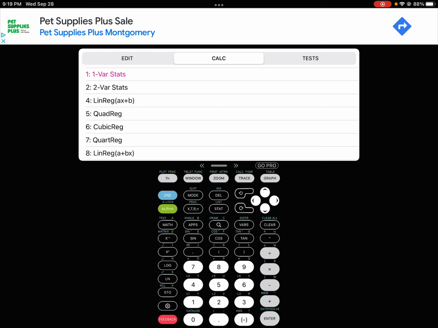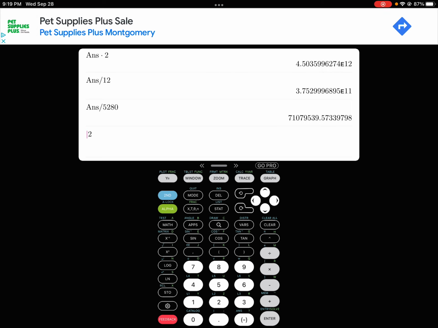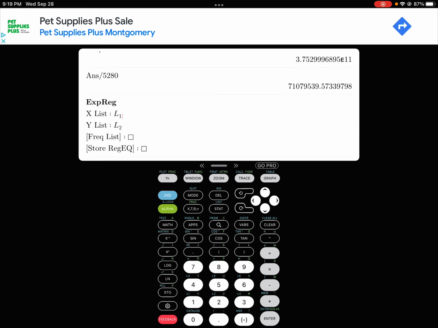Stat, calc, I want my exponential regression, but I want it for list 4 and list 5.